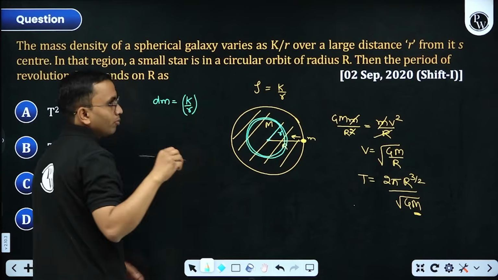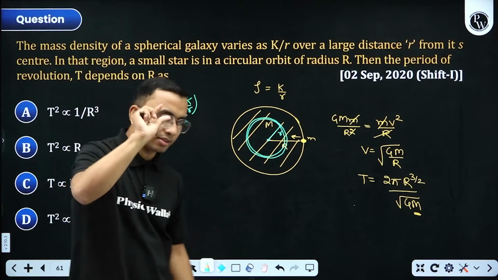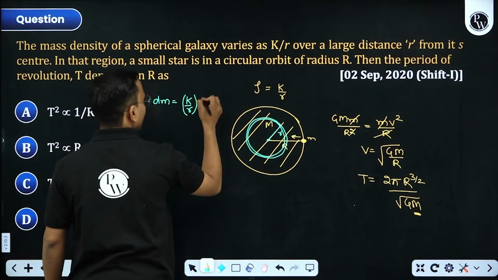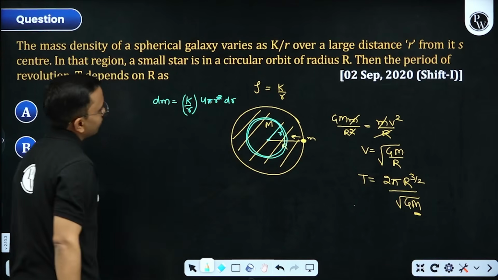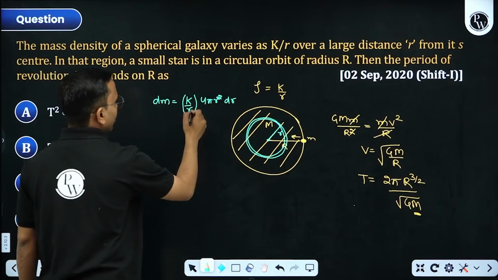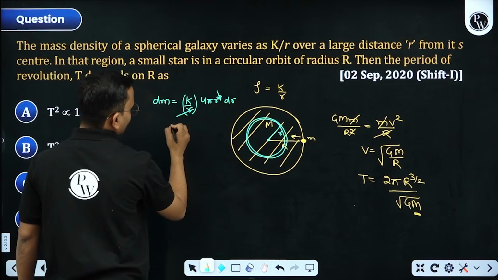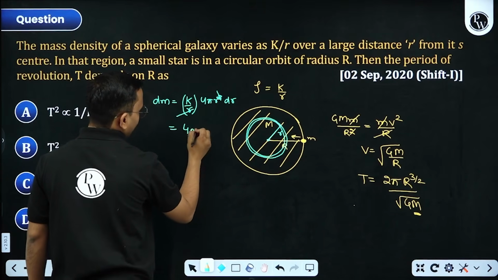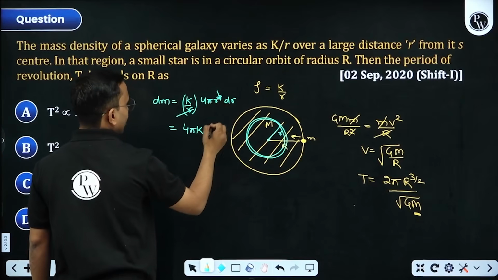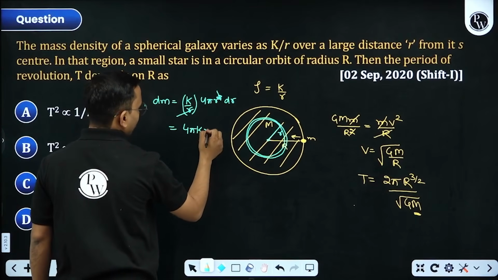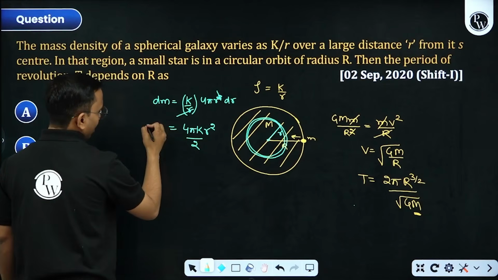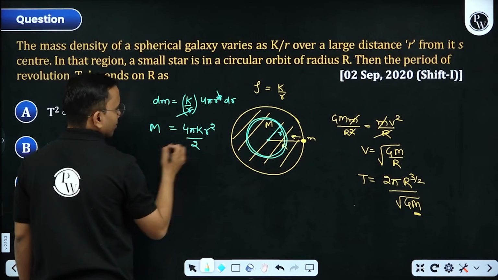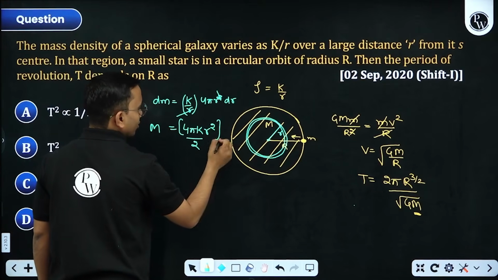What will be the volume? Surface area into the thickness. Surface area is 4 pi r square into dr. Okay, so this is 4 pi k, r integration will become r square by 2. Okay, this is my mass M, limit will go from 0 to capital R.